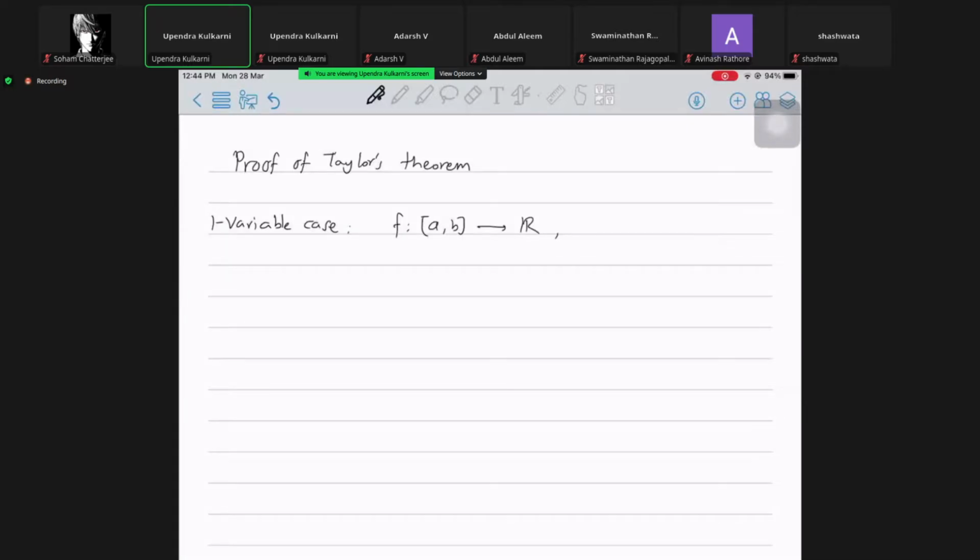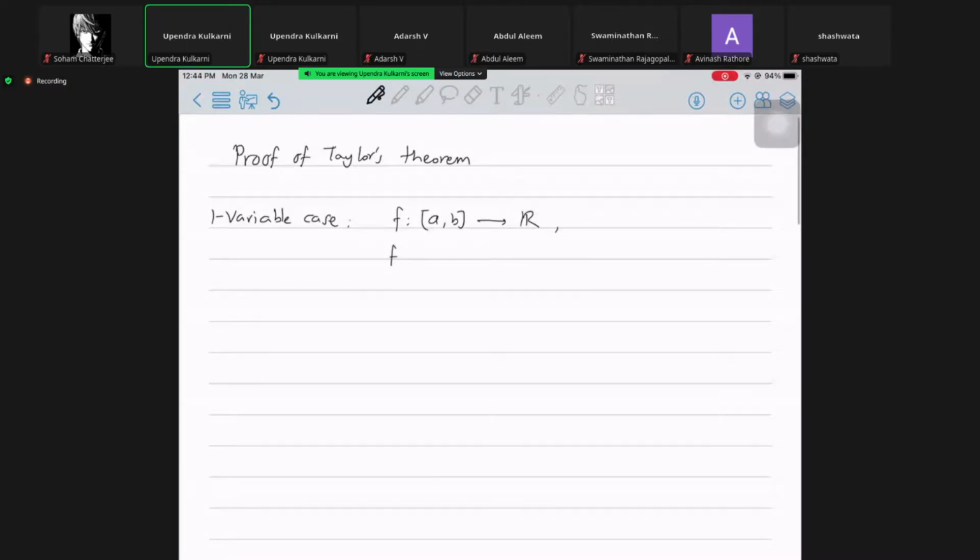So more precisely, let us say that F, which is F0, F prime, which we call F1, F double prime, which is F2, and so on and so forth, up until a certain stage, so let us say up to m minus 1, are continuous on this closed interval.